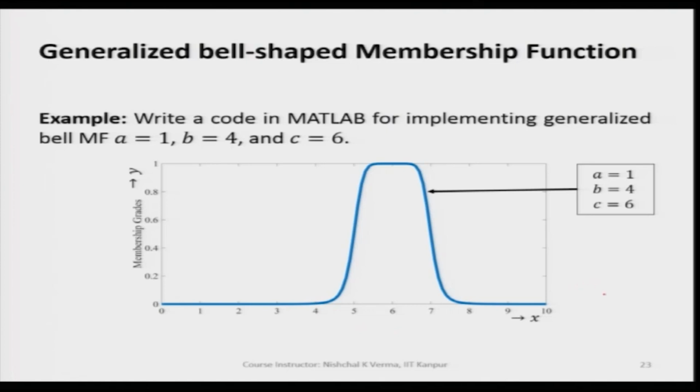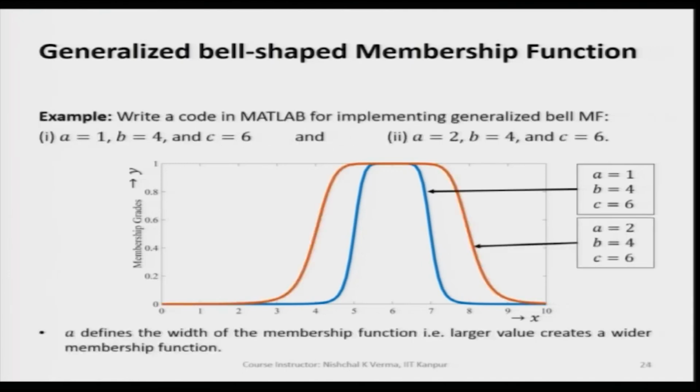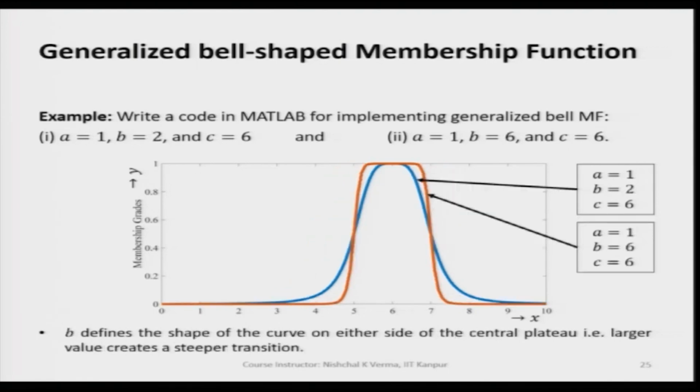Here, if we change the values of a, b, c, accordingly we get different generalized bell shaped membership functions generated. Here also we see that as we change these values, we get different kinds of generalized bell shaped membership functions.